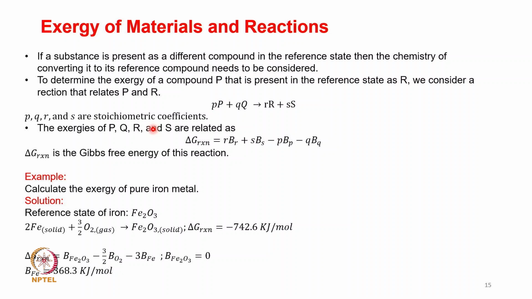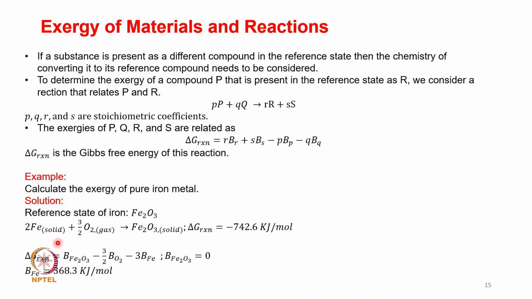Okay, and the exergies in this context would be r B_R plus s B_S minus p B_P minus q B_Q, where the B's are the exergy of the individual components with the corresponding moles, and G_rxn is the Gibbs energy of this reaction. So, now how to calculate? Let us take an example: calculate the exergy of pure iron metal. The reference state of iron is, of course, Fe2O3, that is how you typically see iron.